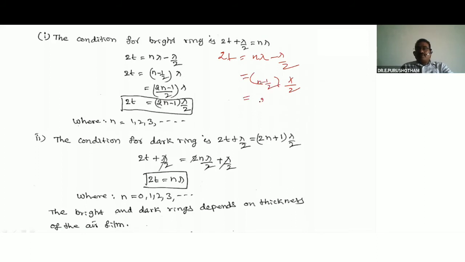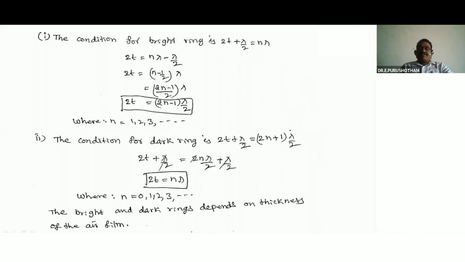We can write 2n minus 1 by 2 into lambda. So 2t is equal to 2n minus 1 times lambda by 2. This is the condition for bright ring, where n is equal to 1, 2, 3 and so on.